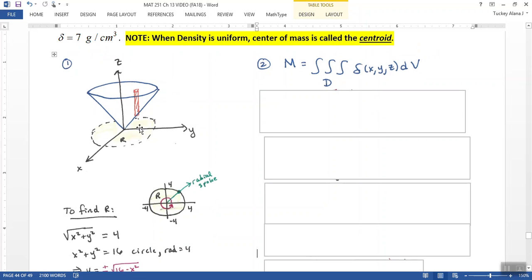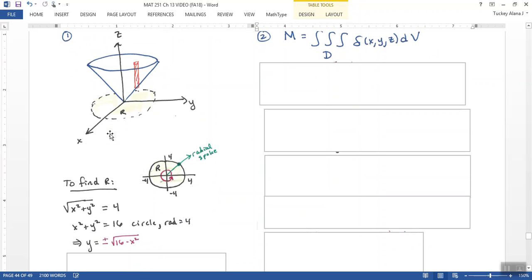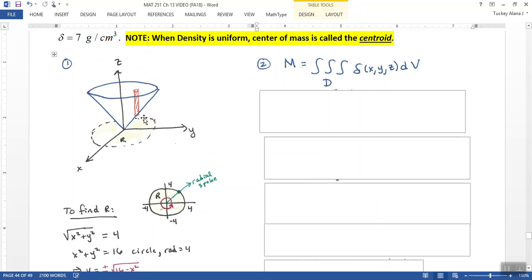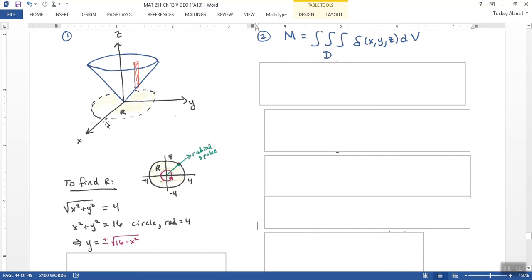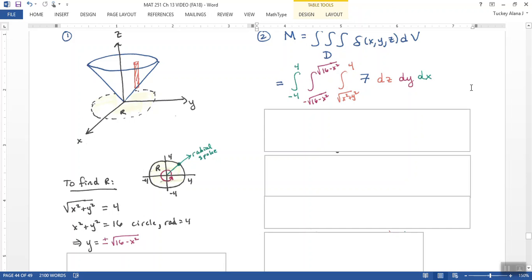In xyz terms, I'd be letting z go from the bottom of the cone to the top of the cone, so the bottom to the lid, if you will. And then I'd be letting y go from the negative square root, which is the bottom part of that semicircle, to the top of that semicircle, so negative square root of 16 minus x squared to positive square root of 16 minus x squared. And then x is going from negative 4 to 4.